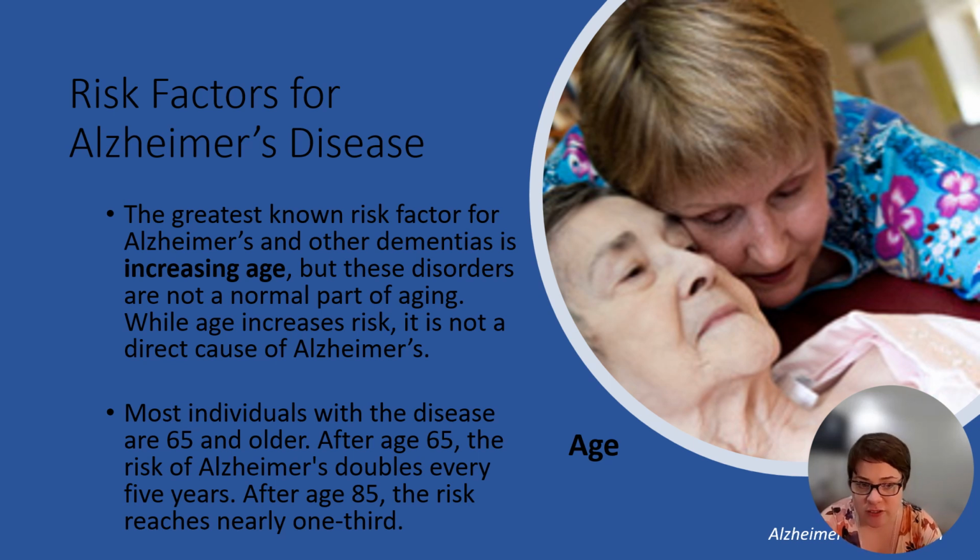So most individuals with Alzheimer's who don't have the early onset forms typically develop it after the age of 65. And after the age of 85, the risk actually reaches nearly 1/3. So 33% of individuals older than 85 are at risk to develop Alzheimer's.